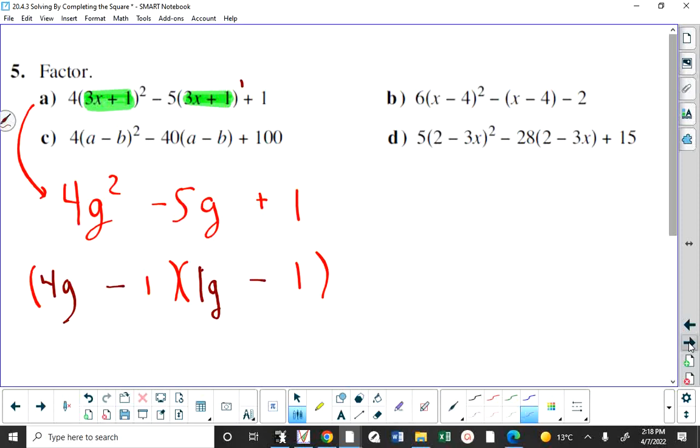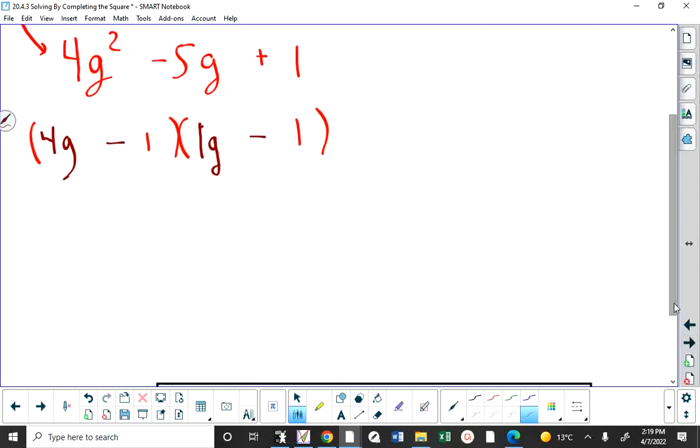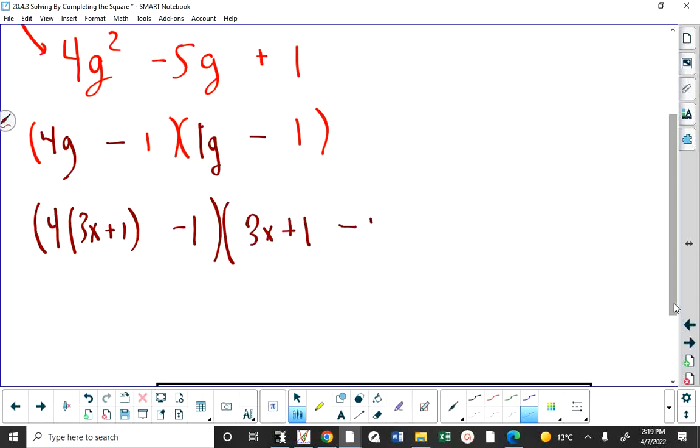But this g thing was just a crutch that we created to lean on so we could factor it. G is actually that green highlighted thing. So now I'm going to replace the g here with 3x plus 1. And get 4 times 3x plus 1, then minus 1, and then 3x plus 1 minus 1.